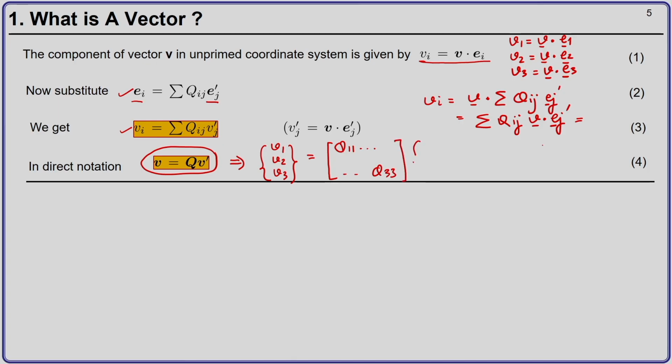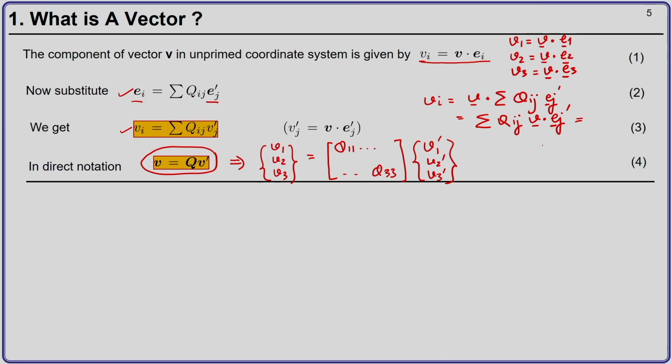This will be a 3 by 3 matrix, times v1 dash, v2 dash, v3 dash. So, now you have related the components of the vector in the unprimed system to the components of the vector in the primed system. And q is the matrix, you know how to compute the components of this matrix q, which is nothing but the cos of the angles between the basis vectors.